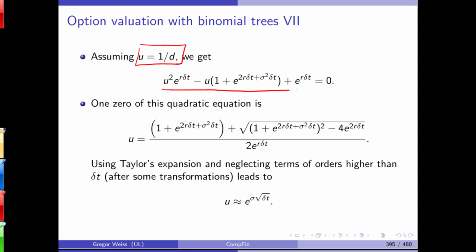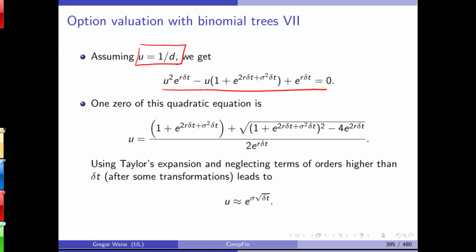Then we get this. This is a quadratic equation in the variable u. We now need to calculate a zero of this quadratic equation using Taylor's expansion, neglecting terms of orders higher than Δt. Again, you might remember this from Ito's lemma, that if you have a change in time, Δt, that is infinitesimally small, any terms in Δt of higher order can be neglected, at least in approximation.